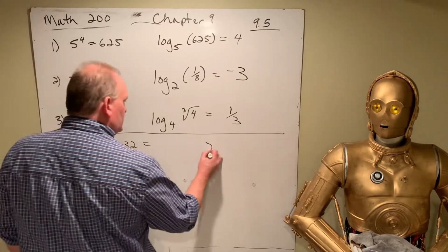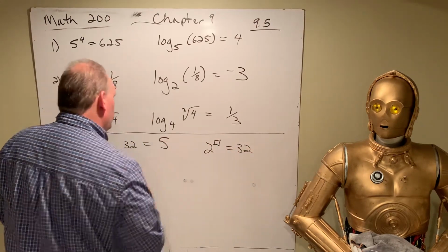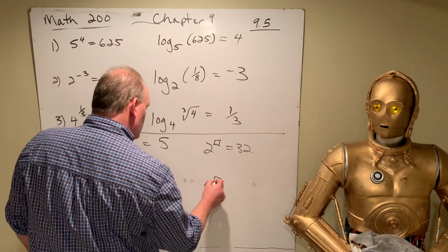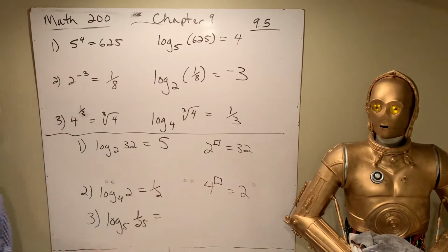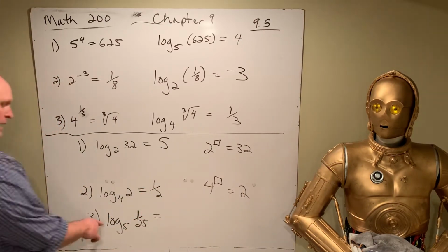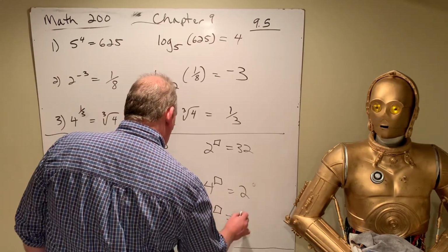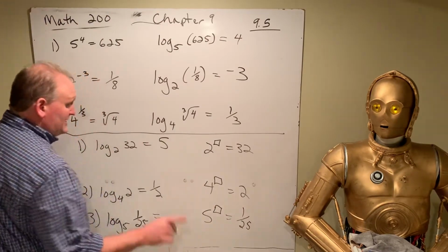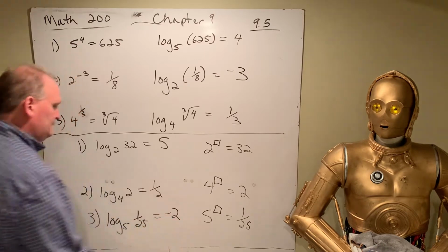So let's think about this. 2 to what power is 32? That would be to the 5th power. 4 to what power is equal to 2? Well, that would be the 1/2, or square root of 4 is 2. 5 to what power is 1 over 25? Well, think about it. It moved it down, so it's negative and squared, right? So -2.